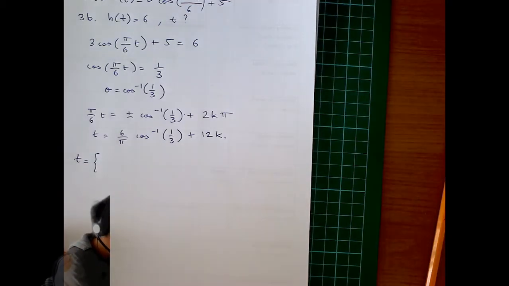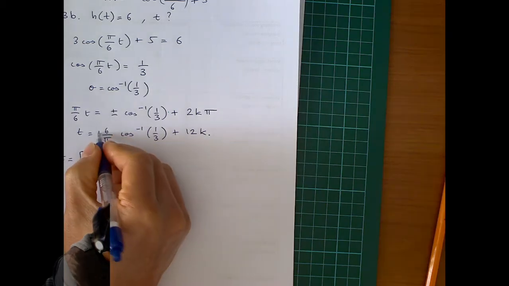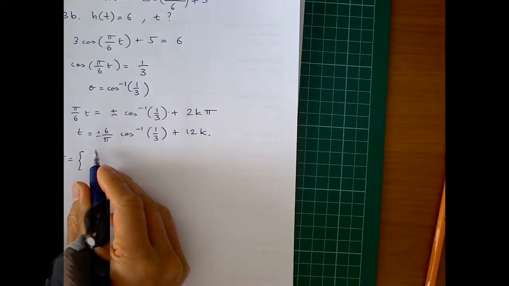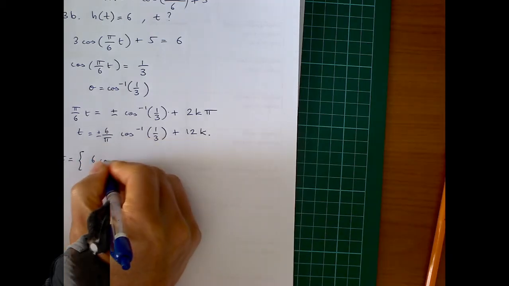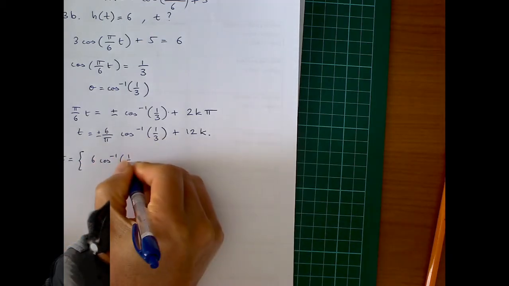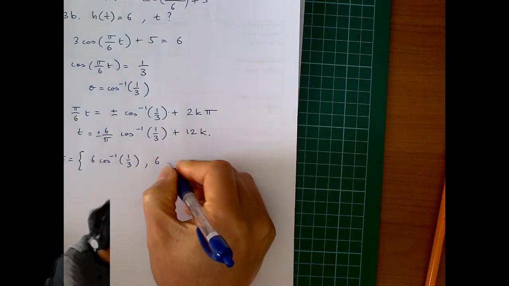So the solution will be, I do that a bit from experience. So sorry, I forgot. It's a plus minus. So let's say with the positive, you're going to have 6 inverse of cos of 1/3. You're going to have the one for 12 hours afterwards.